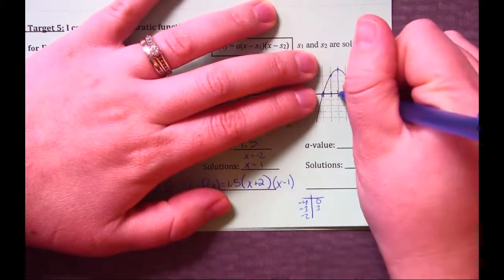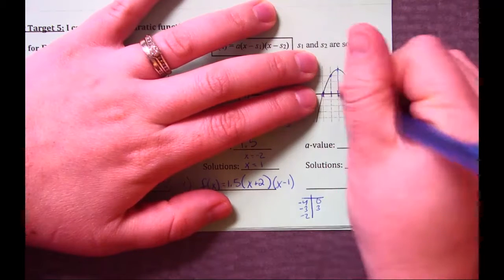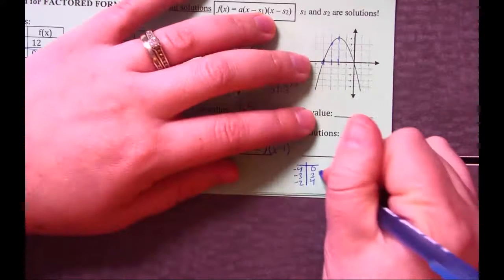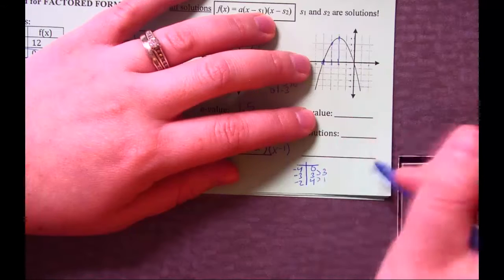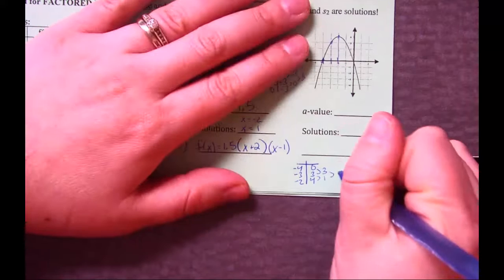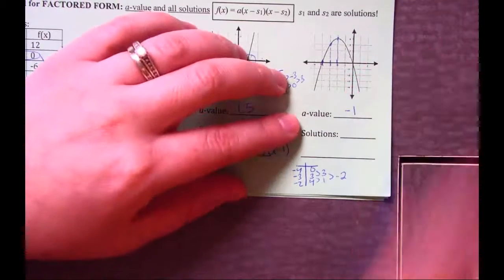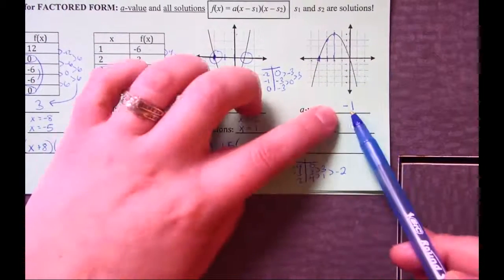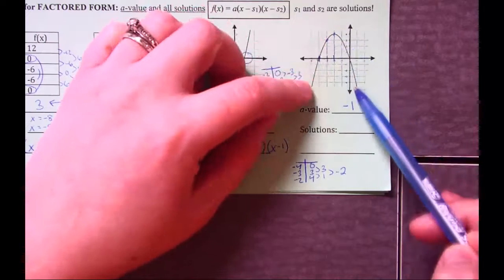And -2 is at 4. Okay? So here it's changing by 3. And then it's changing by 1. So my second change is -2, which means my a value is half of that, so -1. And notice that makes sense because I have a negative a value, and the function is opening down.